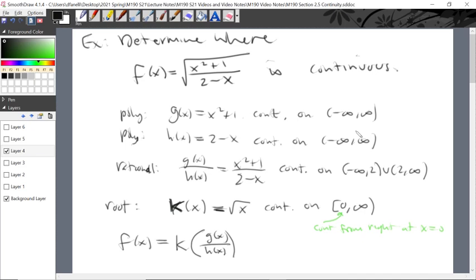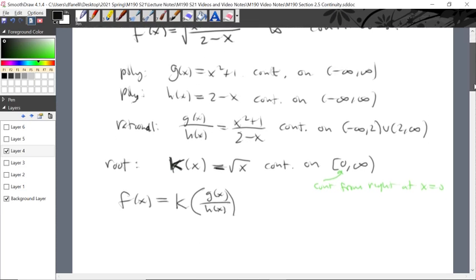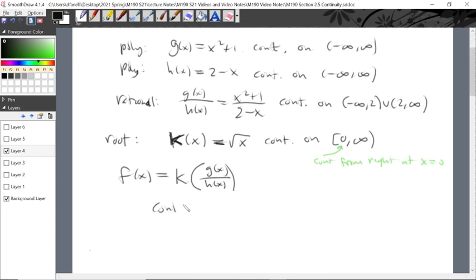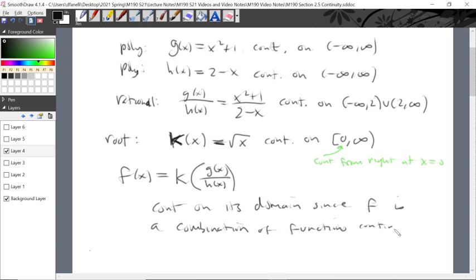But all of these things are continuous on their domain, and therefore this complete combination, composition, ratio, sum, difference, is also going to be continuous on its domain. So this is continuous on its domain since f is a combination of functions which are continuous on their domains.